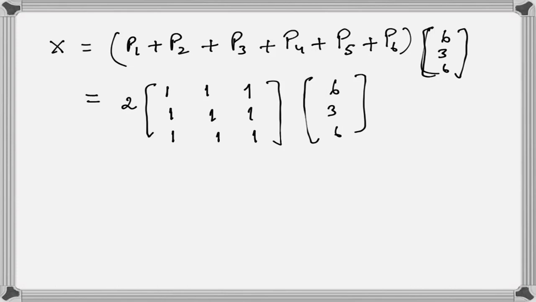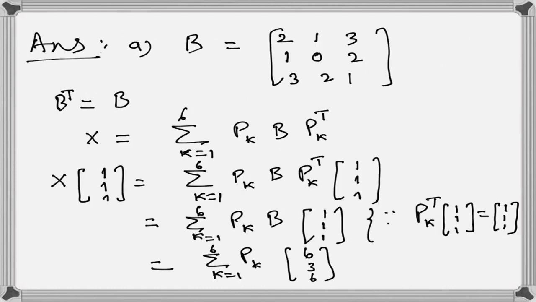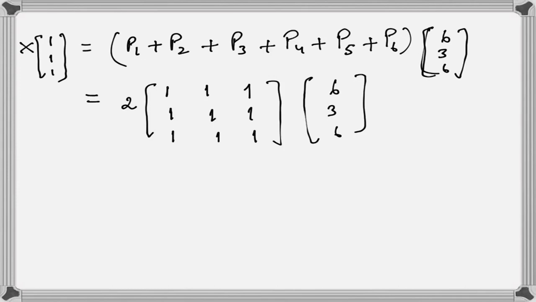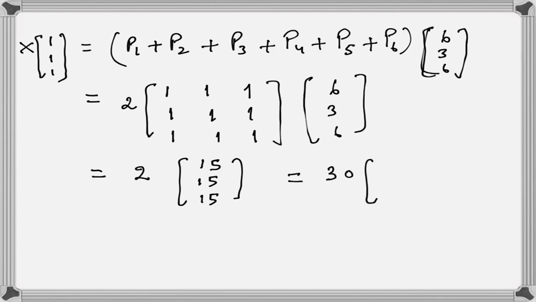This is not actually X, this is X times (1 1 1). We can check in the previous slide. Yes. So what is this? This is nothing but 2 times (15 15 15), which equals 30 times (1 1 1).